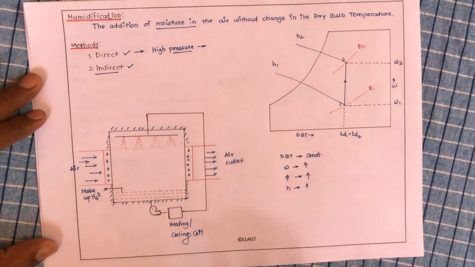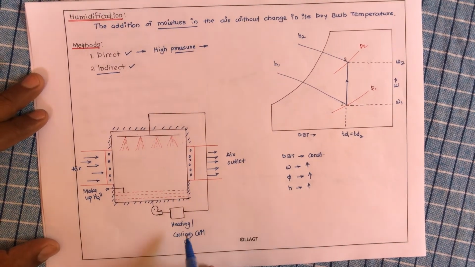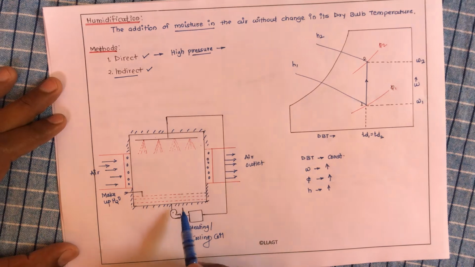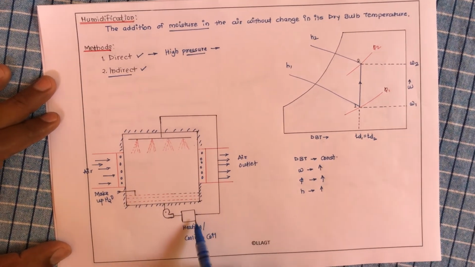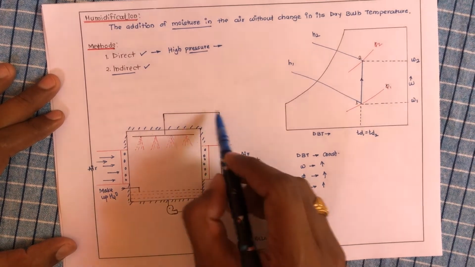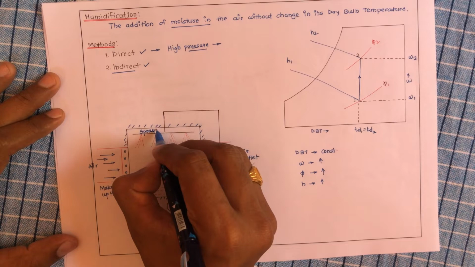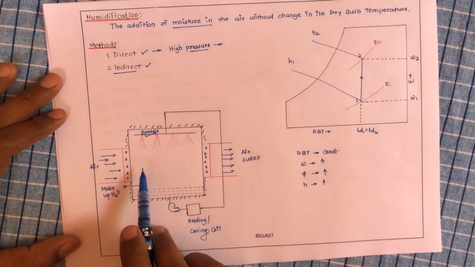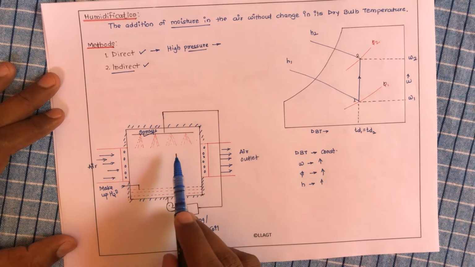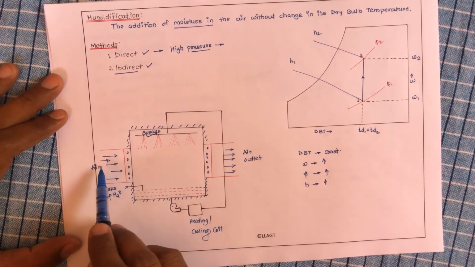Depending upon the requirement, either I can go for humidification or dehumidification. Now according to our requirement, the specified quantity of water will be pumped here. It will be supplied to the heating coil and it will be supplied to the sprays. These are nothing but sprays, through which we are going to add the water vapors at a specified temperature, and as a result of addition of those water vapors at high pressure, what will happen?